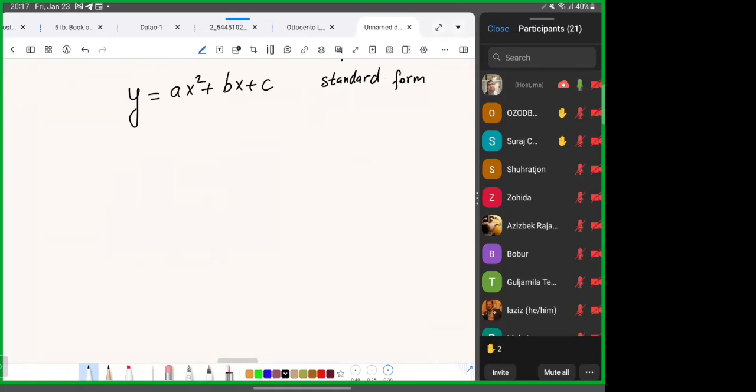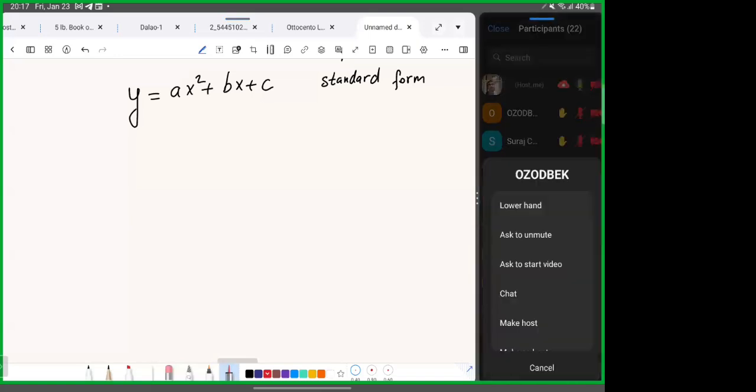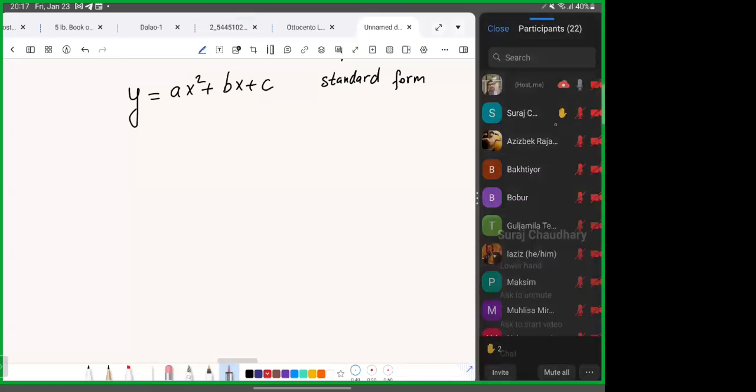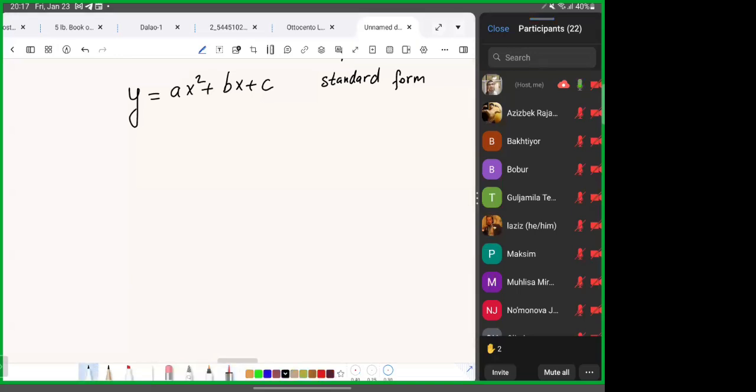As I mentioned before, this a is the leading coefficient. It decides whether the parabola is upward or downward.